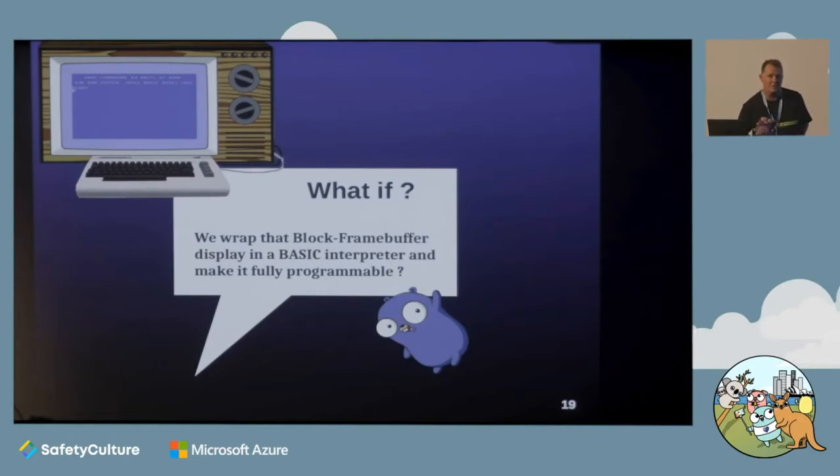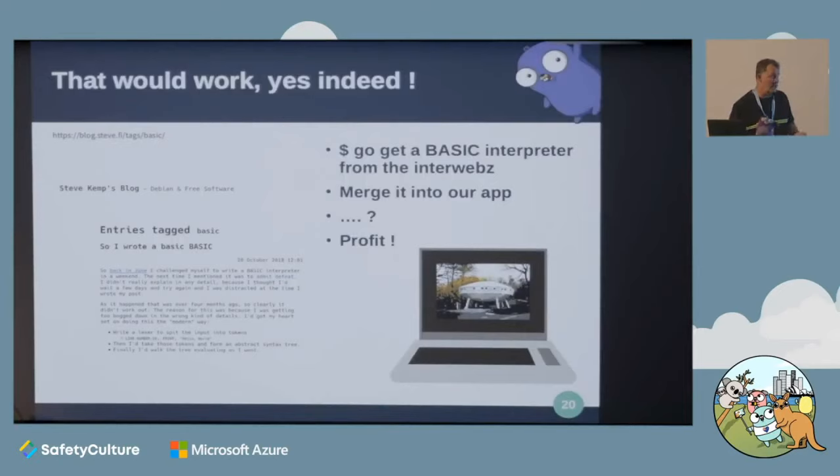Because it's the same concept where you have a simple frame buffer of 60 by 60 pixels, and you just want to be able to address those from code. So on Friday night, we had a look around and sure enough found that someone had written a basic interpreter in Go. So then I finished off my beer and got coding, and by the end of the weekend, we each came up with a very separate implementation using those tools.